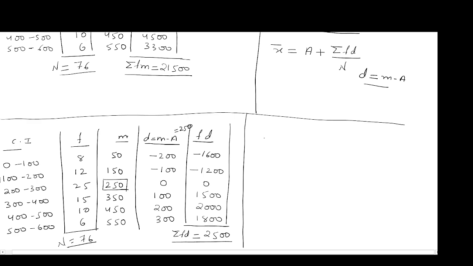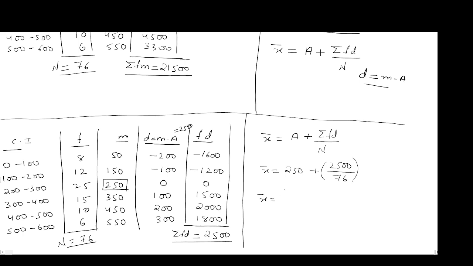Now apply the formula. X bar is equal to, once again I am writing the formula, capital A plus summation FD divided by N. So X bar is equal to, A is assumed mean, I have taken 250 as assumed mean, plus summation FD, I got 2500, divided by capital N is 76.